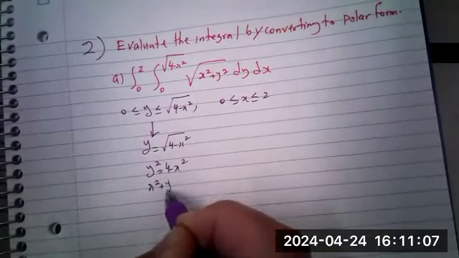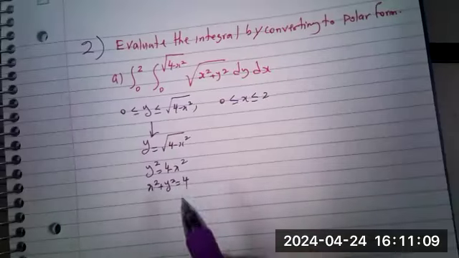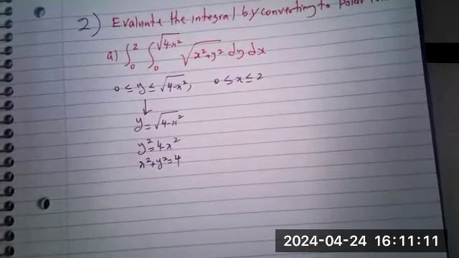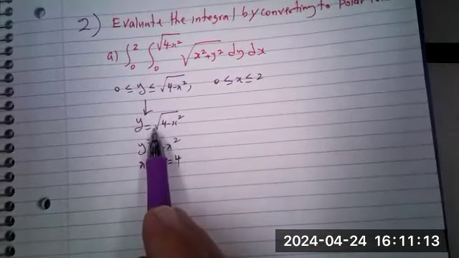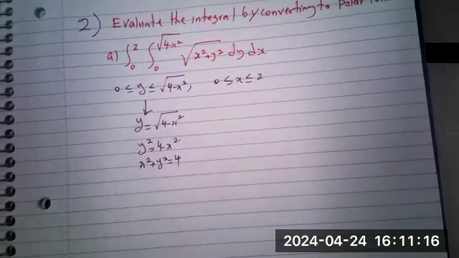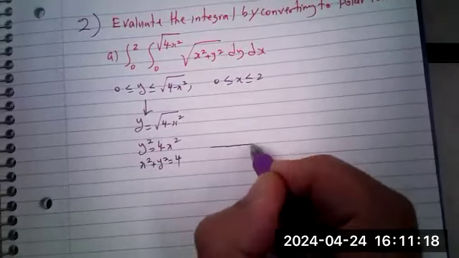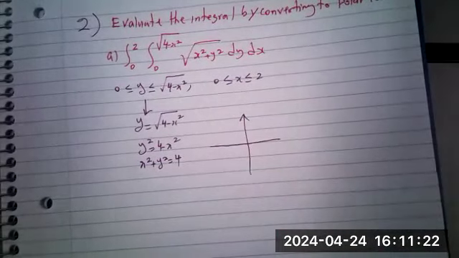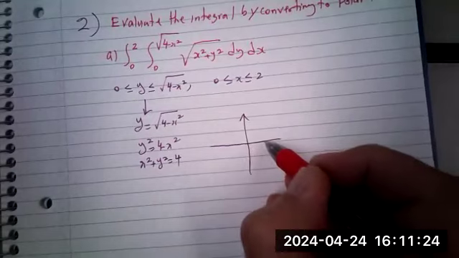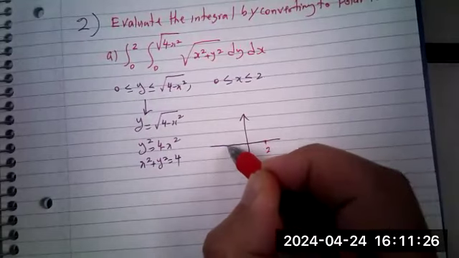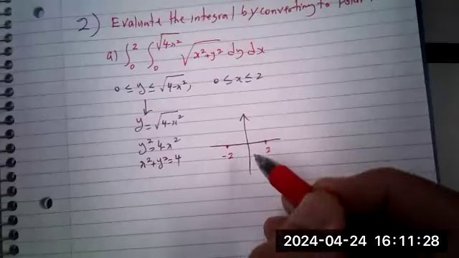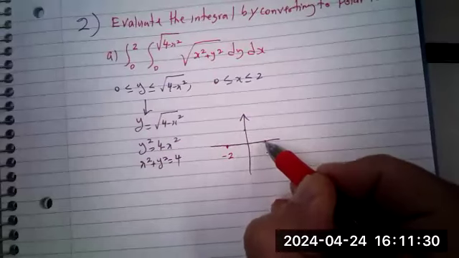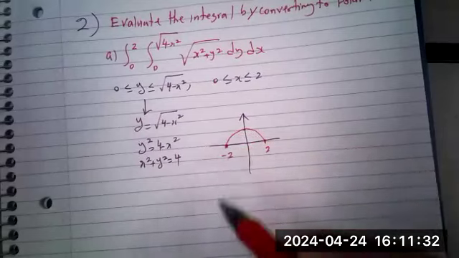So x squared plus y squared equals 4. Since y is just positive here, there's no positive and negative, so it's going to be a semicircle. So it is the circle centered at 0 with the radius of 2. So this is going to be the semicircle.